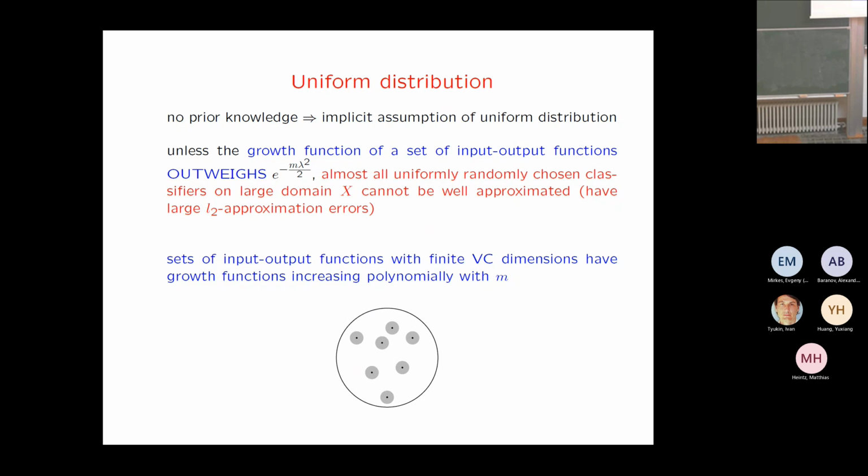And so it means that when we consider some kind of uniform distribution and some universality, if we don't know anything and we study this universality, we see that unless the set of input-output functions is large enough to outweigh this e to the minus m lambda for some small lambda, then most functions, and this is again this kind of simple picture, if the set is small, meaning polynomial in m, then still almost all functions which are not in these small, say, polar caps have large distance.